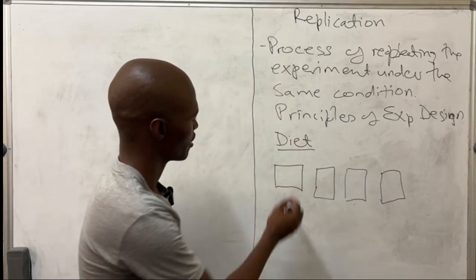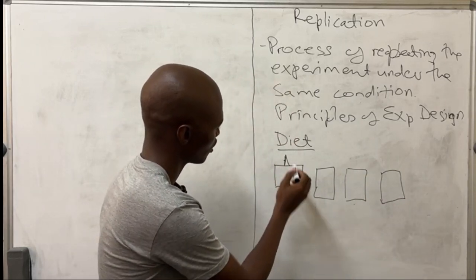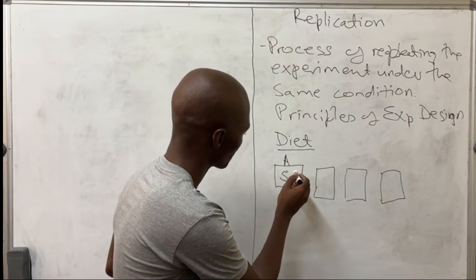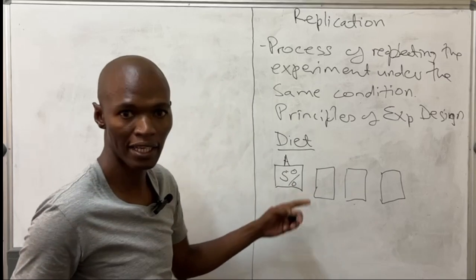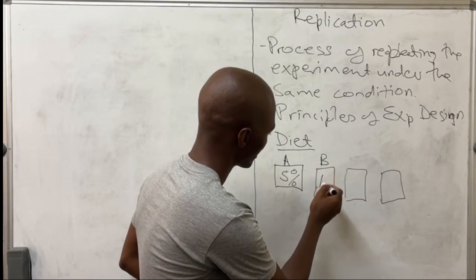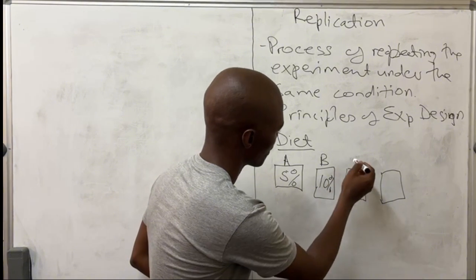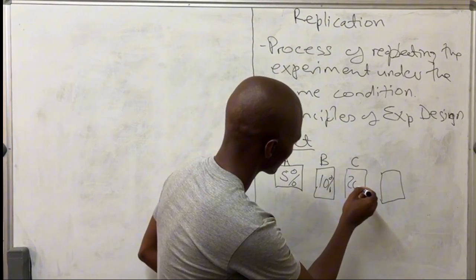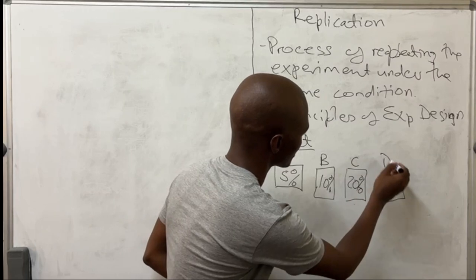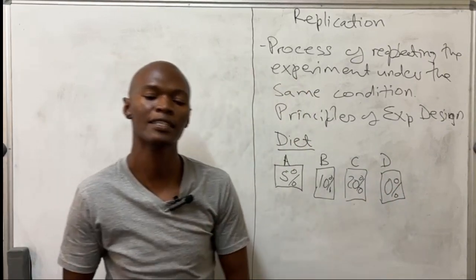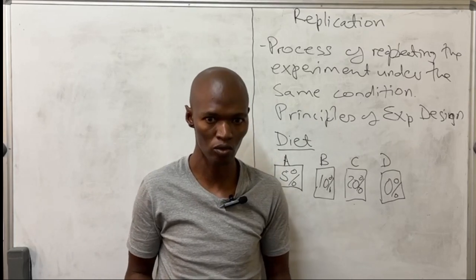Now, in this pen you put your diet, maybe with 5% of the diet of interest. Then pen B, maybe you put 10%. Then we have C, you put 20%. Then we have G, you put 0%, whereby we are using that G as the control group.